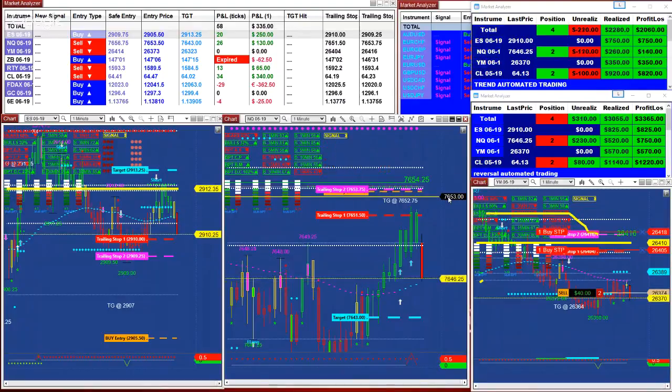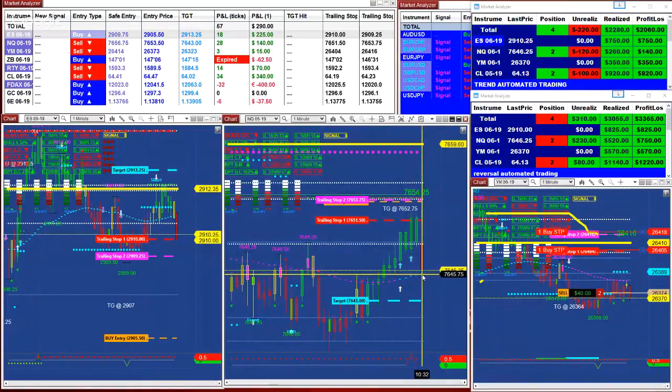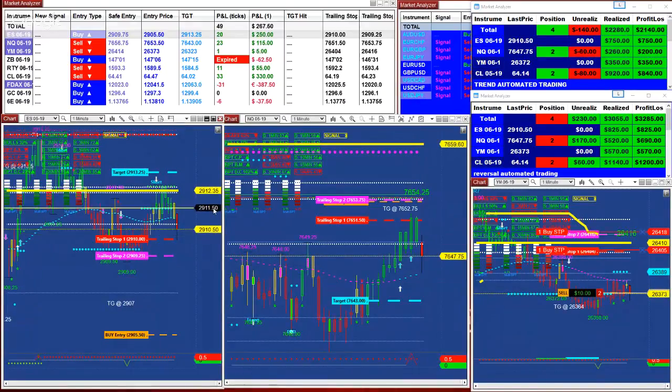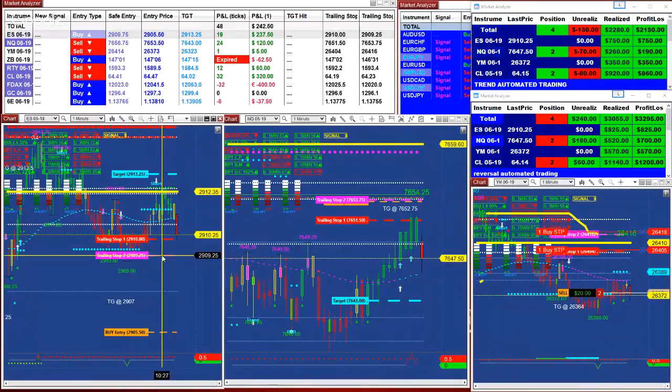As you see on the NASDAQ, the reversal hit the 220, and we are coming exactly to this 45 level. Now the ES, we're about to have a new signal. We're waiting to cross the trailing stop 1 and trailing stop 2.